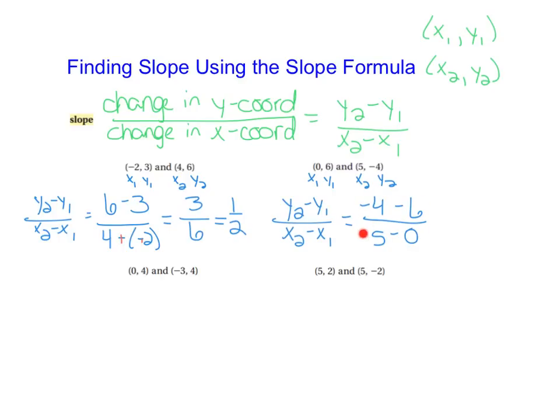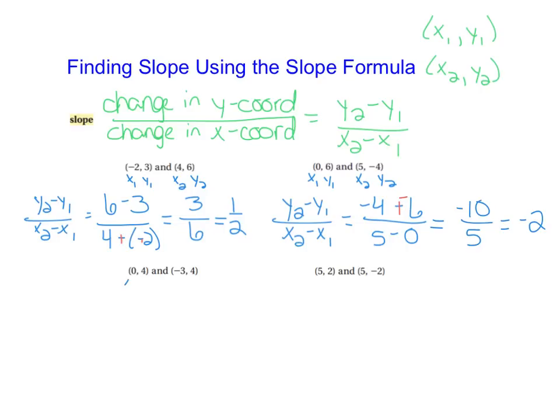Notice the two that go together are stacked. Okay? Now, negative 4 minus 6. Keep it, change it, change it. That's negative 4 plus a negative 6. That's negative 10. 5 minus 0 is 5. I can simplify this. The slope is negative 2. Okay? Now, let's look at our 2 special cases.